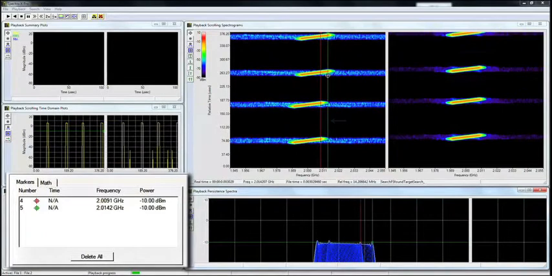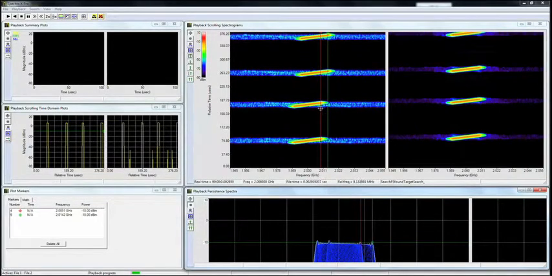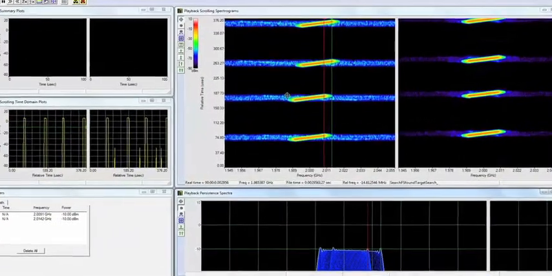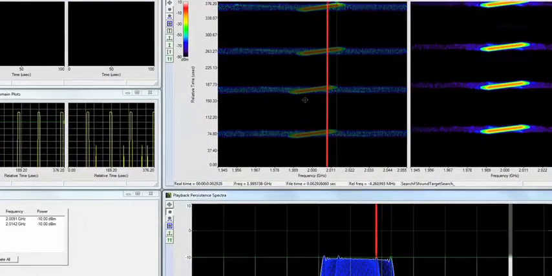And notice that what we found, even though we were placing the markers in the persistence spectrum, because the markers are correlated across windows with matching measurement domains, in this case frequency, they'll show up in the other windows that also display frequency related information. So here was marker 4 placed at the maximum duration of the highest power level of that chirp.